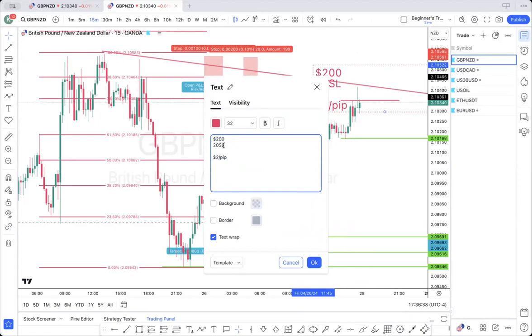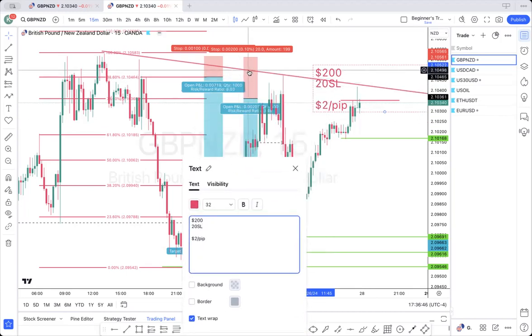Okay. So say price, that wasn't the move, right? And you had a 20 pip stop loss at $2. So you're either going to lose the $40, or you can set it, so that would be $40.